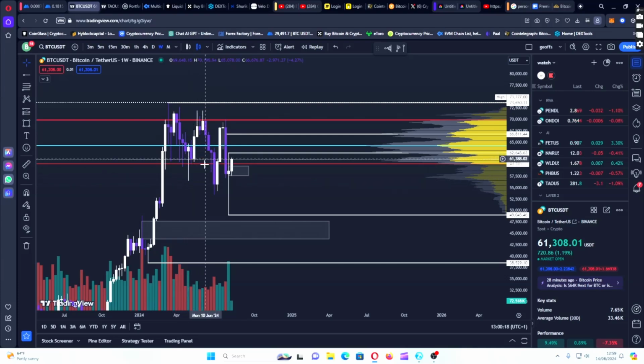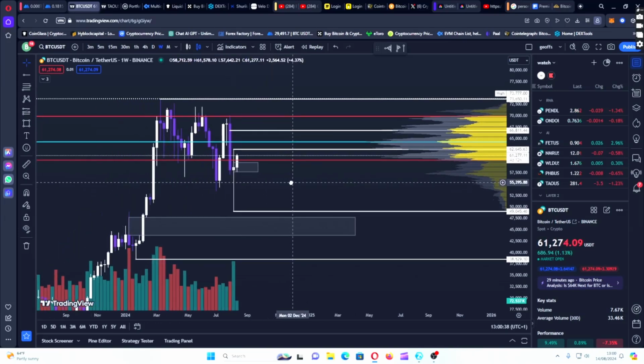We then came back up and created a bullish fair value gap on the weekly as we came all the way up to 69,000. We then inverted that with a bearish candle on the weekly on the 29th of July. And we are sat at the minute around 61k.